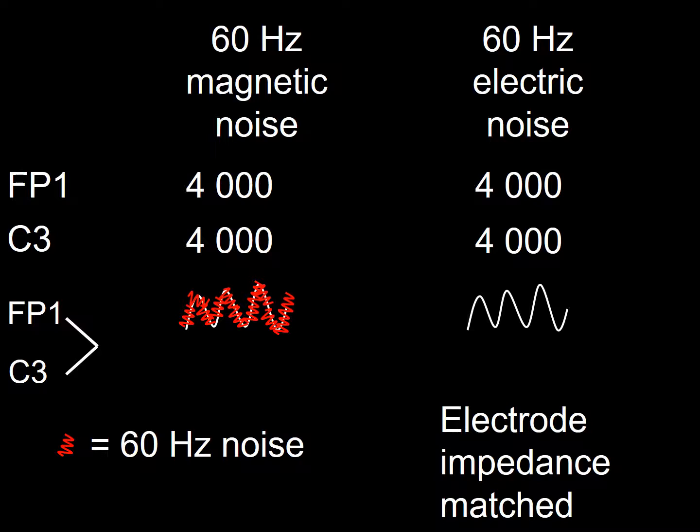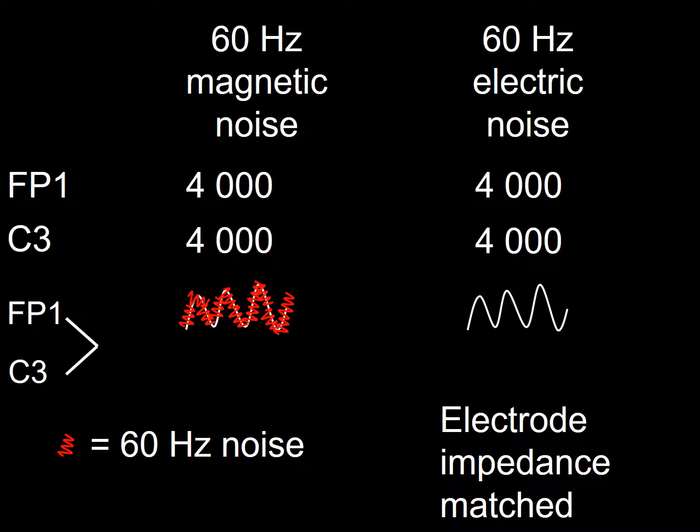On the other hand, 60 Hz artifact that occurs as a consequence of magnetic noise may be present despite good electrode match, and when present will not be corrected by eliminating electrode impedance mismatch.